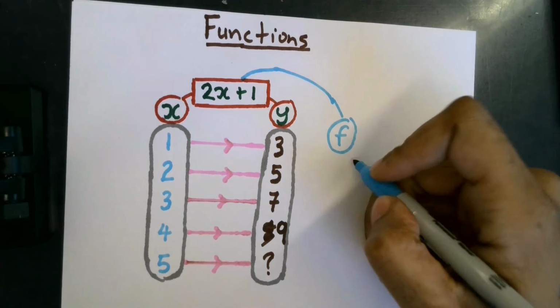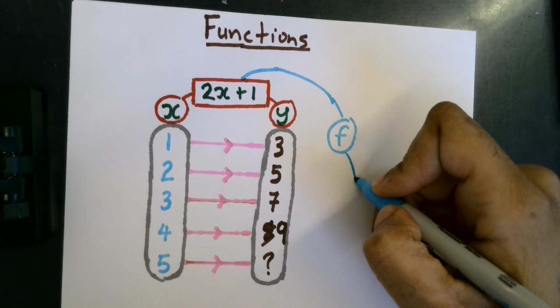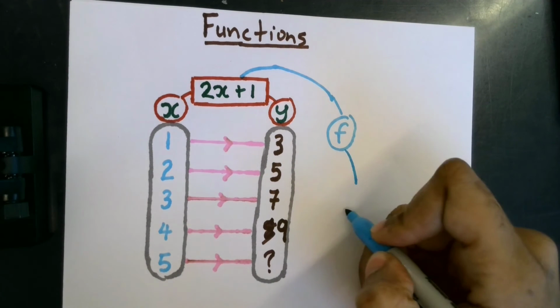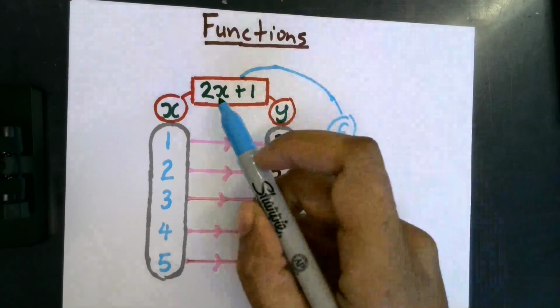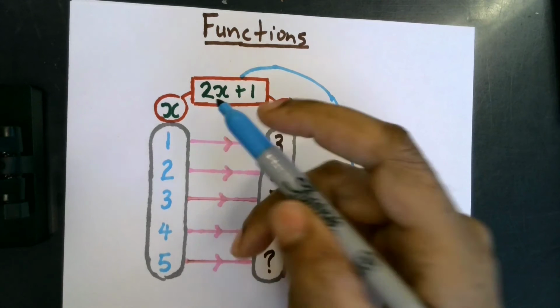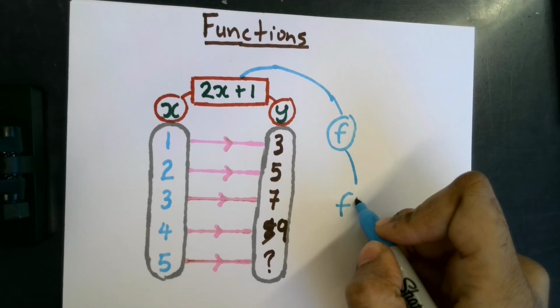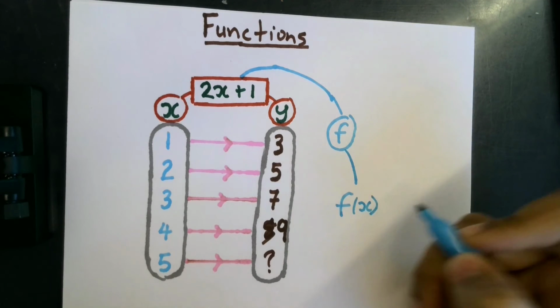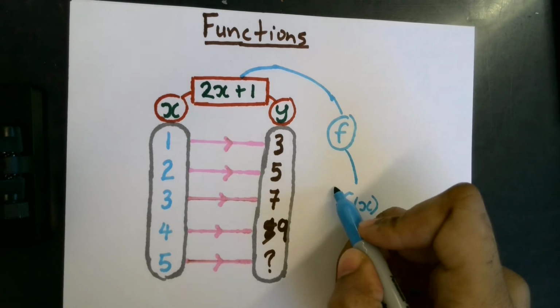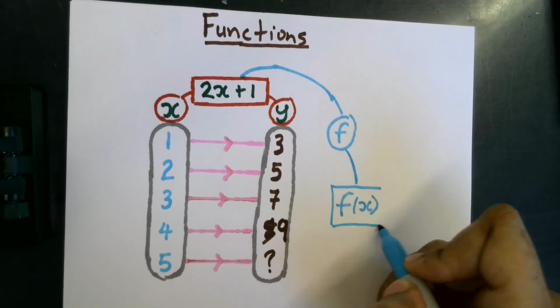All right. Now, I can go further and say that because X is in my formula, I can represent that information this way. All right.